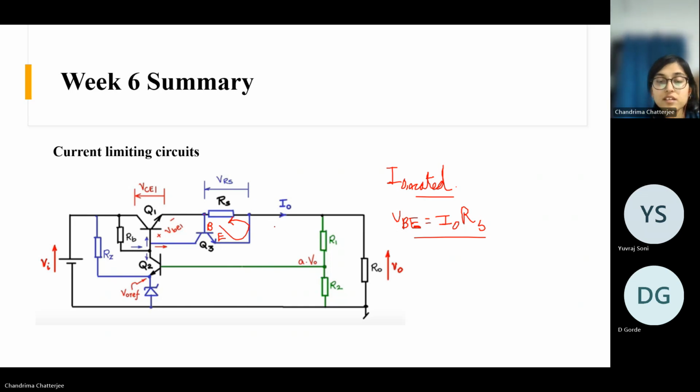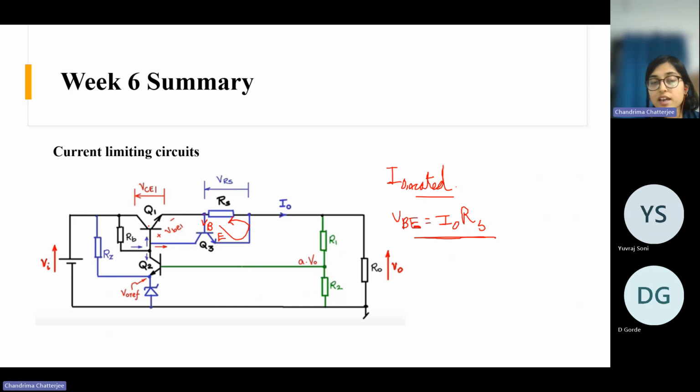In this loop, if your VB is equal to I naught RS, then there is some base current that will flow here. And if some base current flows here, it will draw some current from this point, right? So now this current is getting divided to this BJT and to this BJT.